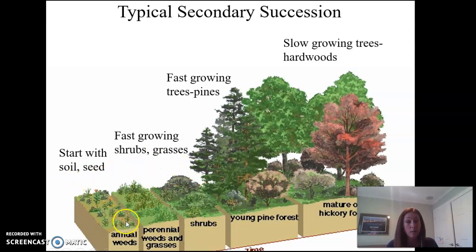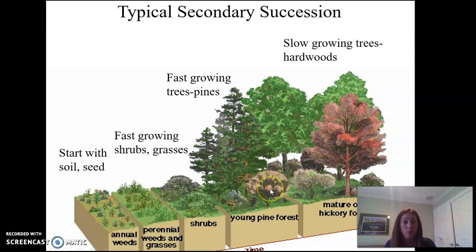These are all light-loving species, and those help to set the stage for our fast-growing pine trees. They create shade that kills out all of these early species, and they create shade that allows the hardwoods to germinate, and then the hardwoods are germinating and growing, and then they turn around and shade out the pine trees.